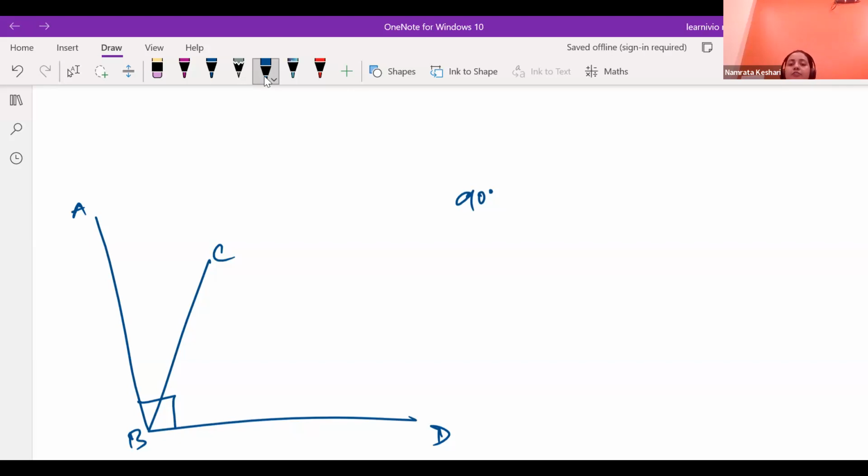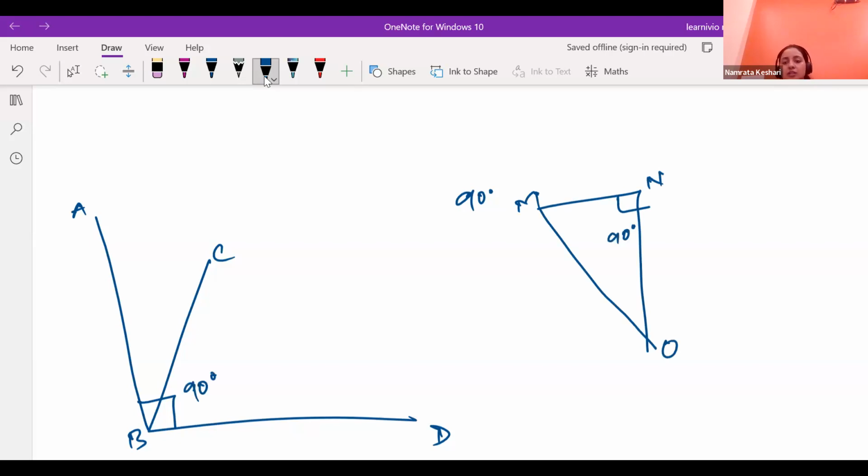And if you are having a right angle like this, here the name MNO, MNO is right angle. So here also it's 90 degree. Here also it's 90 degree. Of course, both the angles are equal with each other. Right?